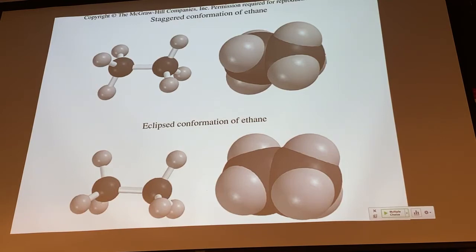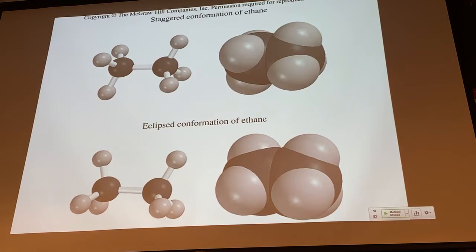So you're saying the atoms are spaced further apart. If we look at this model, so I'm going to hold it sideways now. Is there much difference in the distance of the atoms from each other? No, not really. They're all pointing away from each other. So it's not actually the atoms, but what is further apart in the staggered conformation than the eclipsed conformation? What was that? I think I heard the right answer.